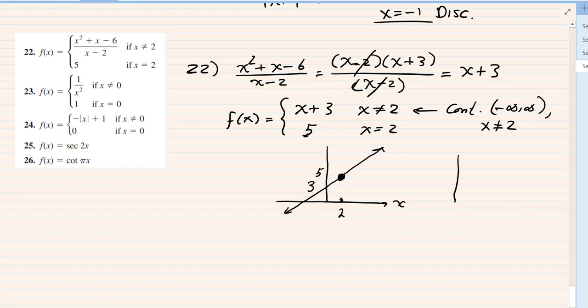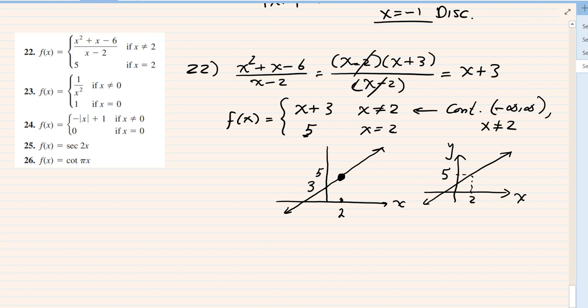So the actual graph, the final graph, looks like this. You and I will not even know that there was a discontinuity there, because the only point that was discontinuous, at 2, the value of the function is 5. The hole was covered by defining a piecewise function.